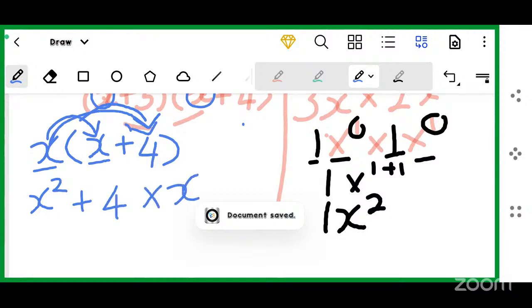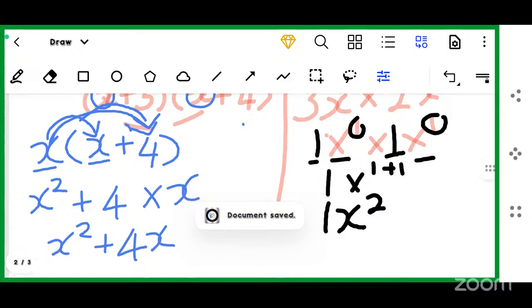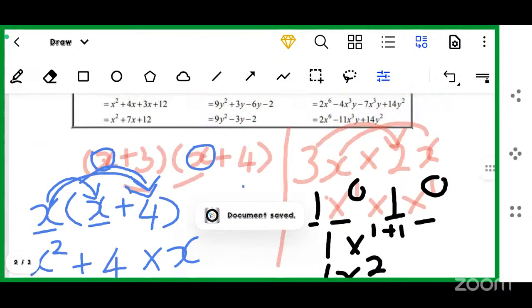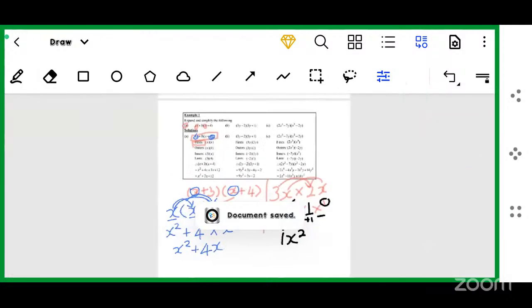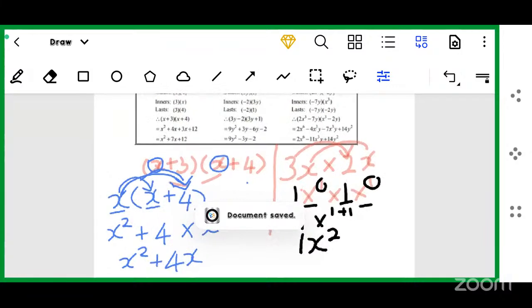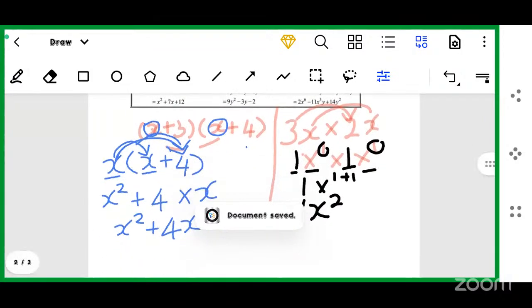What do you think is 4 multiplied by x? 4x. Are we agreeing? Yes, ma'am, I believe so. Okay, so it's gonna be 4x. So for this expansion, where your starting point is x, it's gonna be x squared plus 4x.